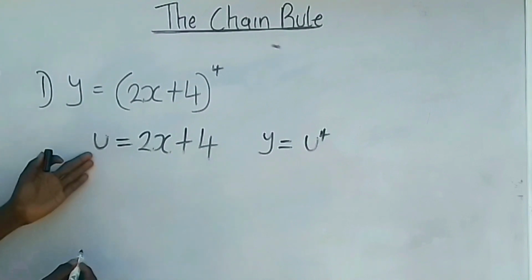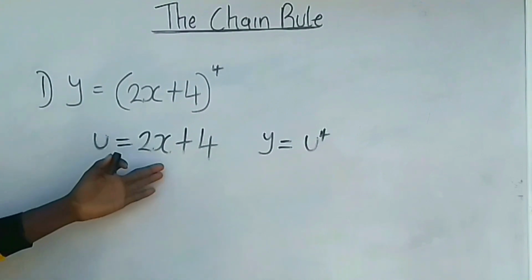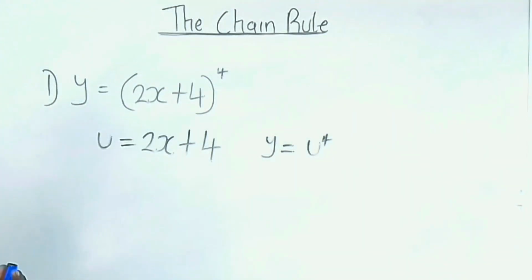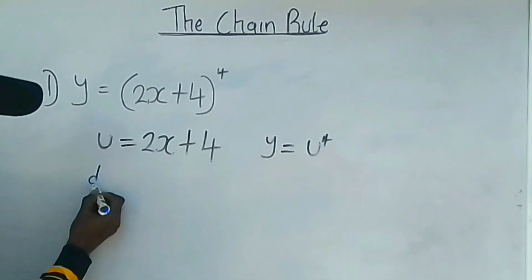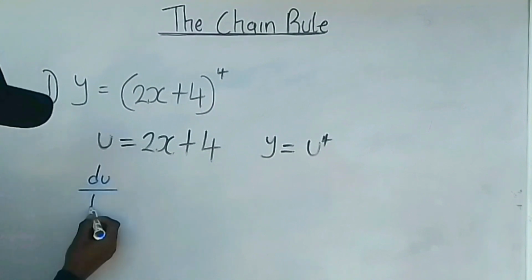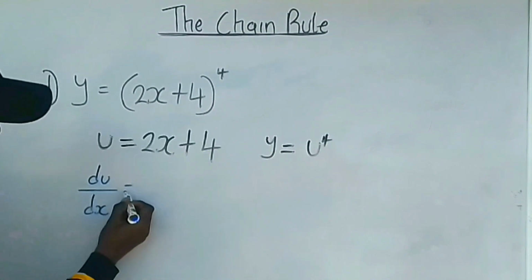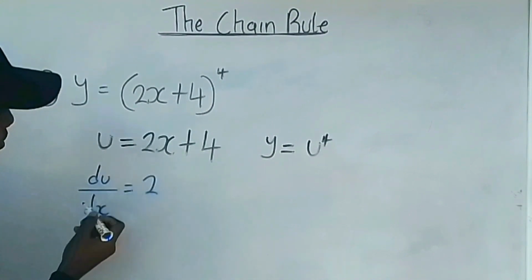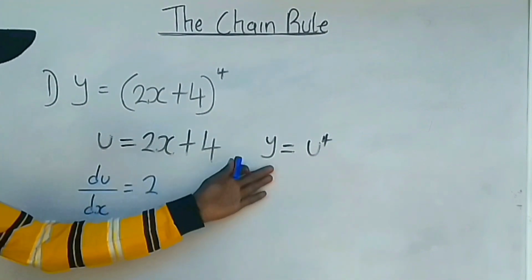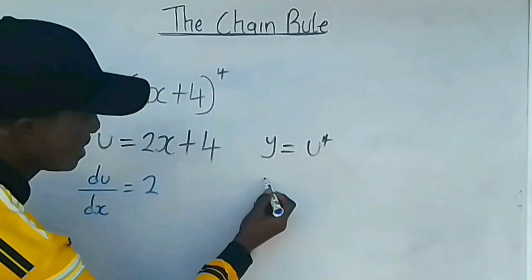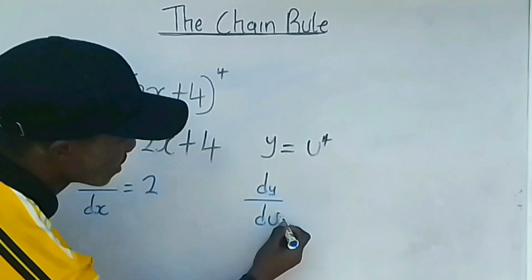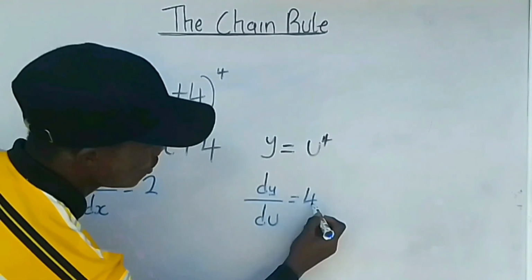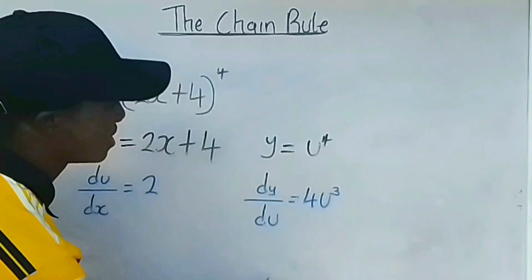If I differentiate u equals 2x plus 4, recall from the power rule of differential calculus, du/dx equals 2. Then let us differentiate the outer function also. In that case, I will have dy/du equals 4u raised to the power of 3.